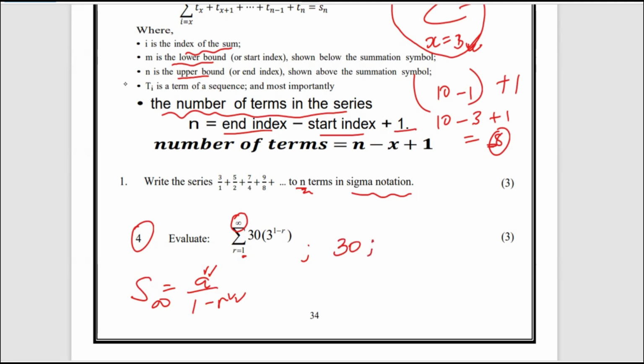Then if I use R as a 2, that's gonna be 30 into 3 to the exponent of 1 minus 2, which is -1. When I divide, I'll have a 10, and so on and so forth. So I already have my A, which is a 30, and then my R can be 10 over 30, which is just a 1 over 3.